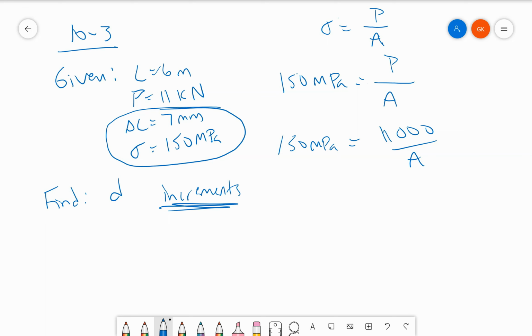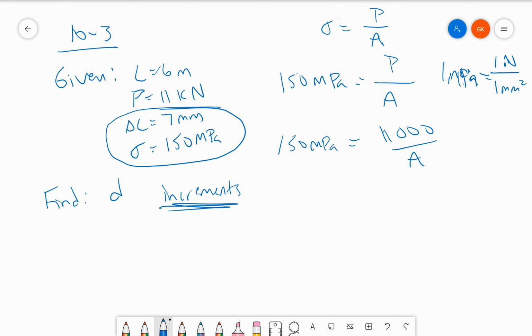If you're wondering why I did not convert megapascals to regular pascals, it's because of that nice little trick, which is that 1 megapascal is equal to 1 Newton over 1 millimeter squared. With this, I can get the area in millimeters squared without having to worry about converting anything.